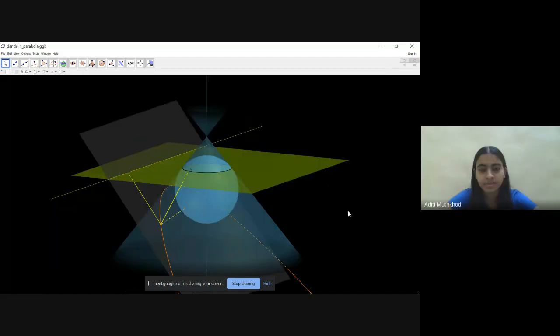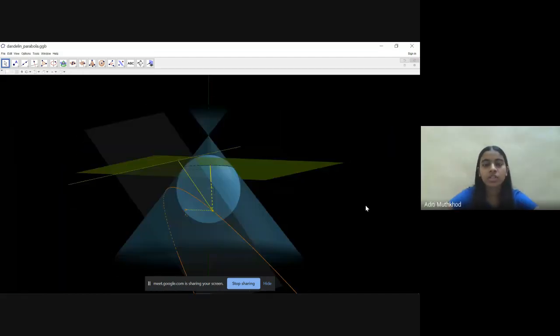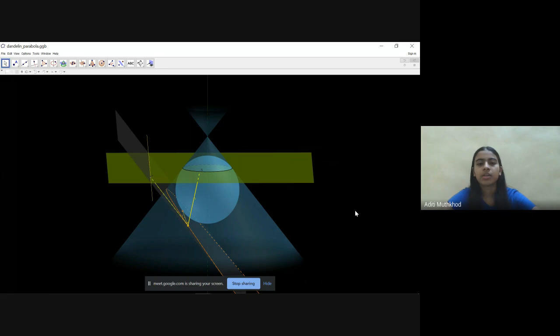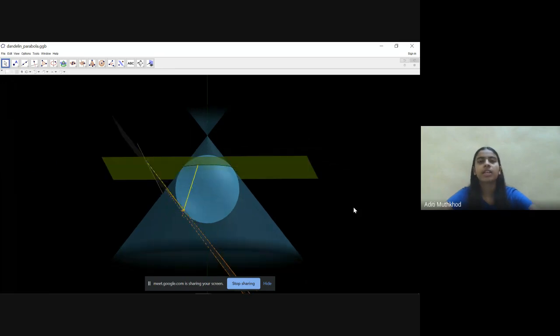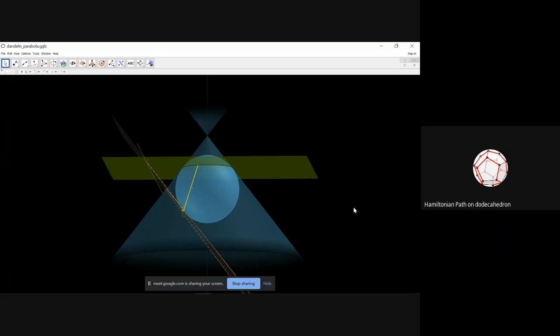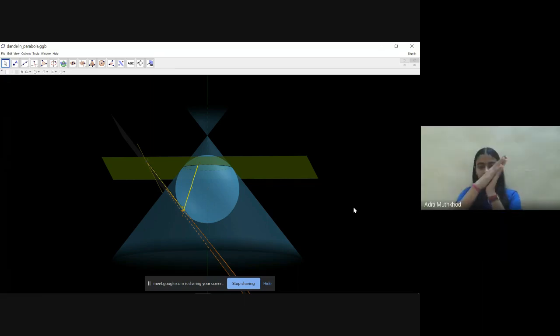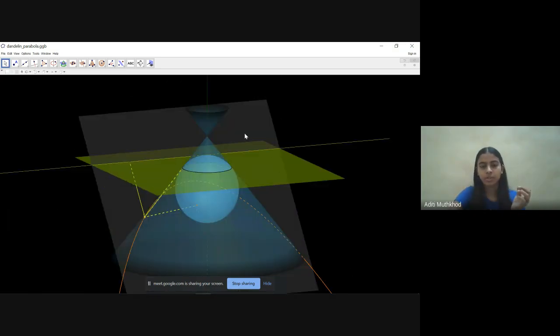So just so you know, a parabola is the case between an ellipse and a hyperbola. When the angle of the intersecting plane equals the angle of the cone, when these slopes are equal, you have a parabola.